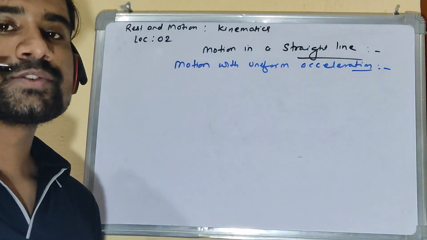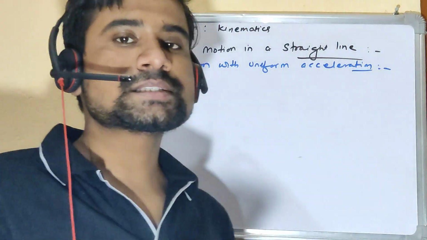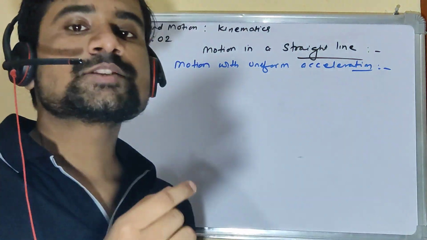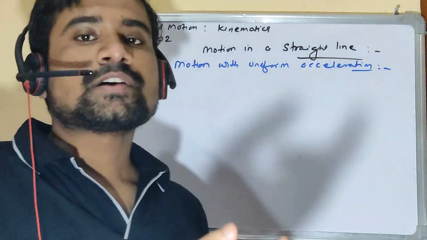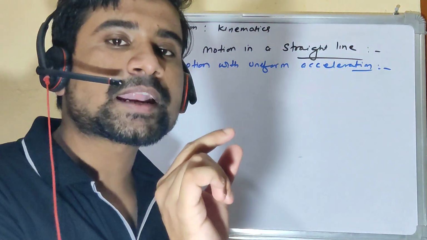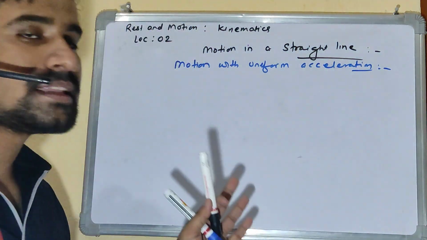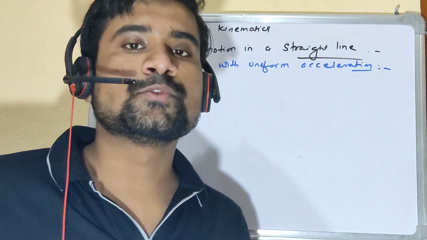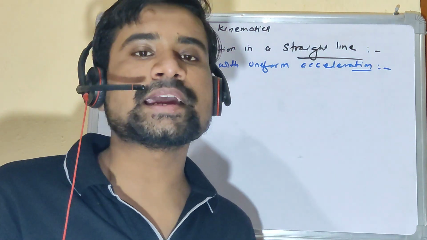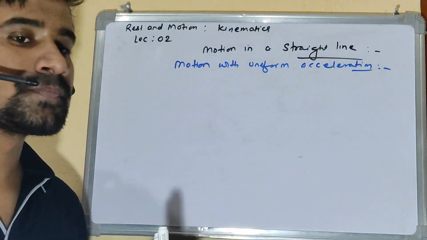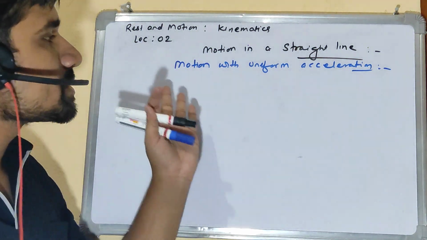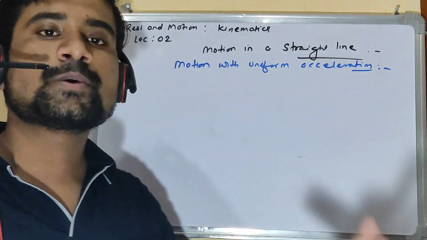The first type is uniform acceleration, which basically means the velocity changes by equal amounts in equal intervals of time, so the parameter a of acceleration is constant throughout the motion. And then there is the case of non-uniform acceleration, where velocity can change randomly and does not follow this pattern. So now we will discuss this specific case, which is motion with uniform acceleration.